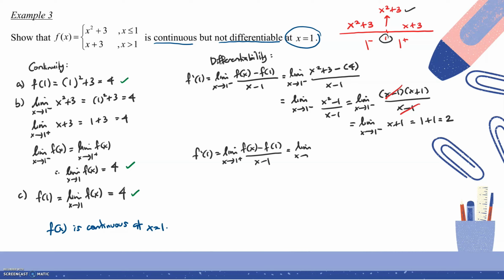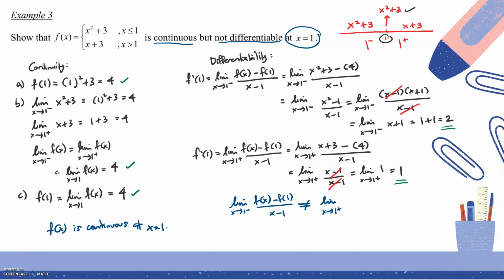So we have the limit as x approaches 1 from the right, f(x) is x plus 3 minus f(1), which is equal to 4, divided by x minus 1, and this is equal to 1. 2 is not equal to 1. Therefore, f(x) is not differentiable at x equals 1.